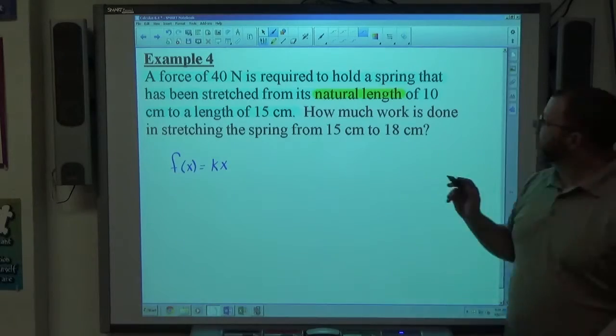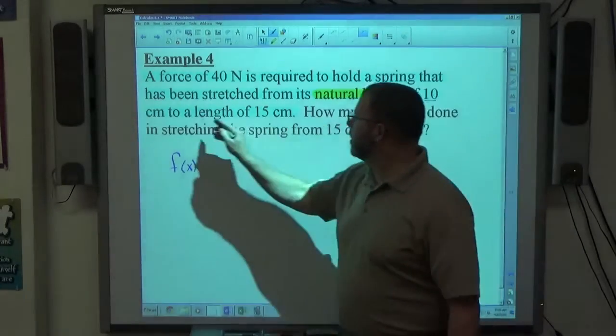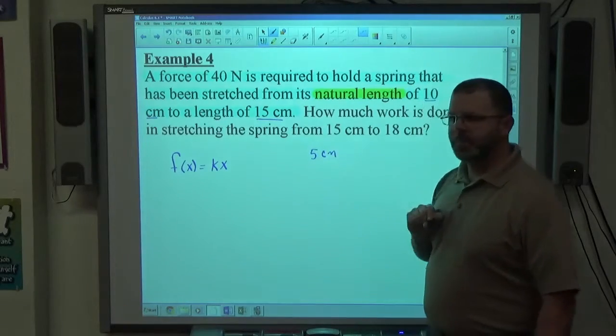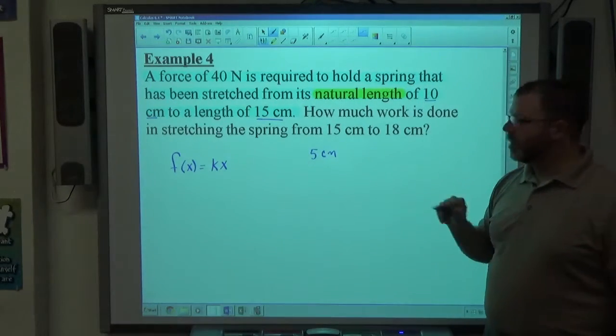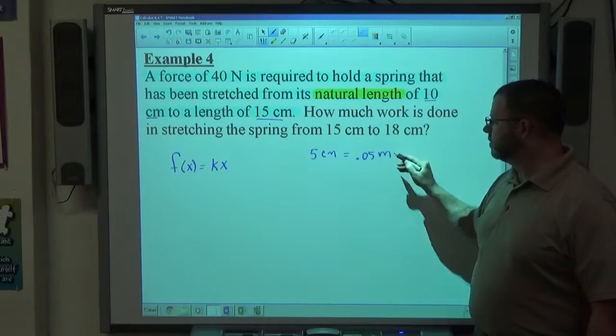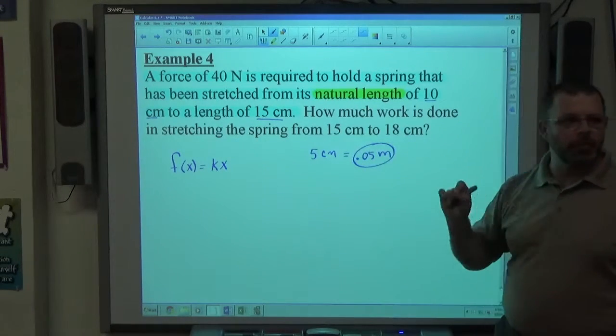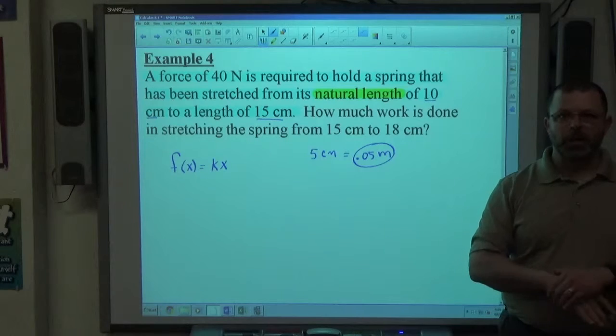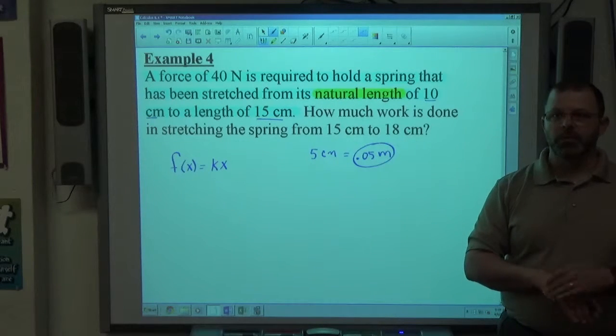If we take a look at what happened here, we went from 10 centimeters to 15 centimeters. That's a 5 centimeter stretch. If we divide that by 100, that's 0.05 meters. And again, that's the key number there. We want meters, not centimeters, when we're dealing with newtons, and we want feet, not inches, when we're dealing with pounds.